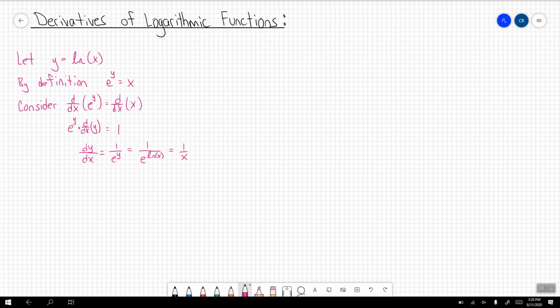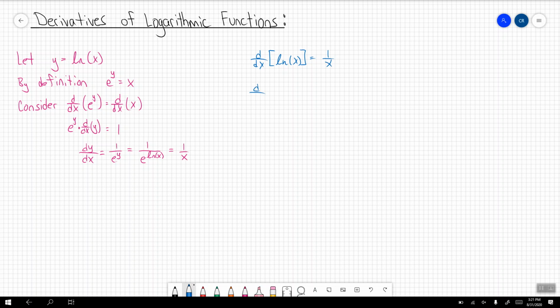And that's what we get any time I take the derivative of y with respect to x, where y is equal to the natural log of x. Well, what does that mean for us? What this means is that whenever we take a derivative with respect to x for a function that is the natural log of x, this derivative will just be 1 divided by x.